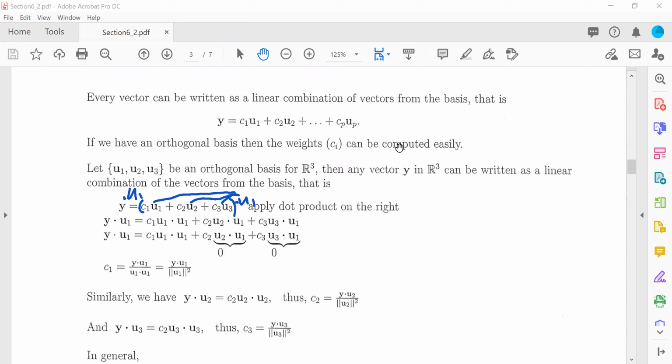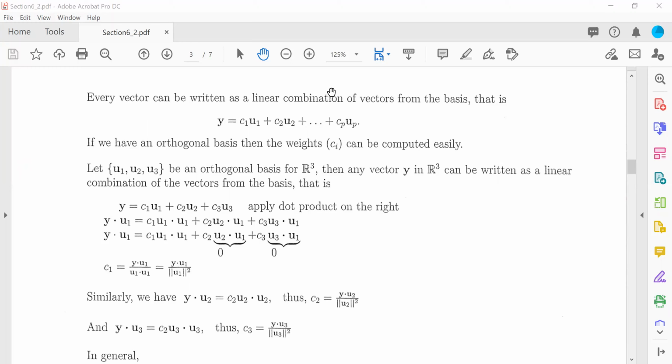And as we talked before, because the basis is orthogonal, the dot product of u1, u2 is 0. That means any two are 0. So if those are 0, I am left only with that equation.